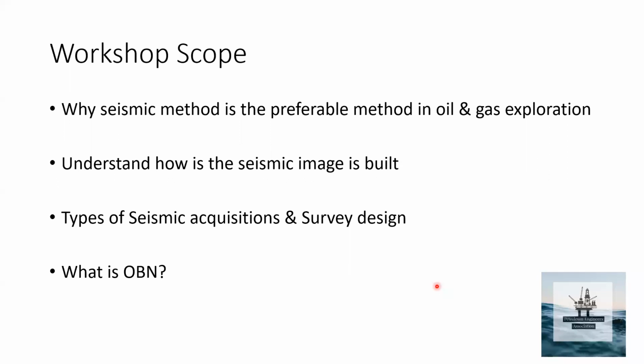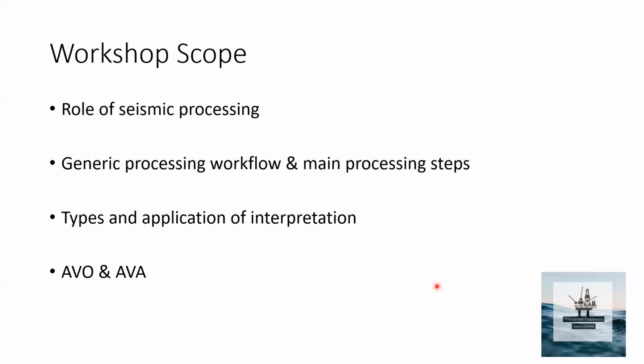Understand how the seismic image is built. In order for the seismic engineer to have a judgment on the quality of the seismic image, first you need to understand how this image was built. Types of seismic acquisition and survey design, and what is OBN. OBN is the abbreviation of ocean bottom nodes, and it is the most recent technique in acquisition now, so we'll have a quick look at it.